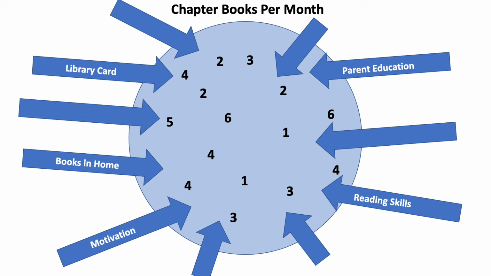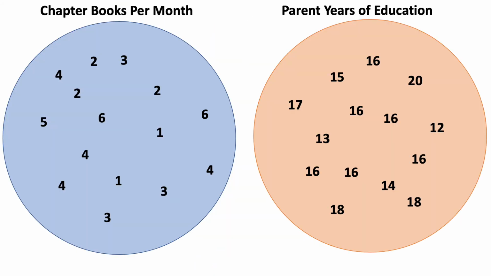So she gathered the number of years of education for each of the kids who reported the chapter books they read. So here's their parents' years of education. And when she ran the correlation, she found that it was a positive correlation of 0.63. So that's moderately strong and it's positive. It would mean that as the parents' years of education increased, there would be a trend that the kids' chapter books per month would be increasing also.